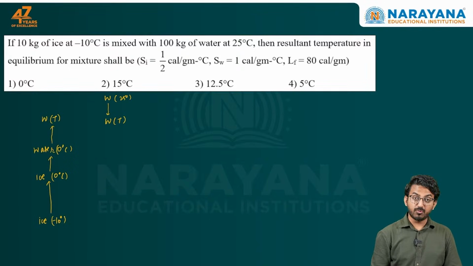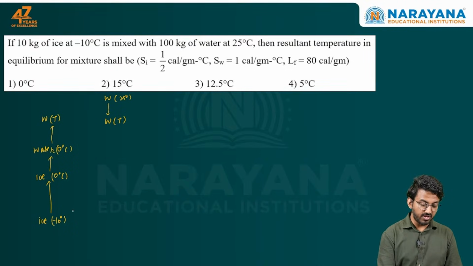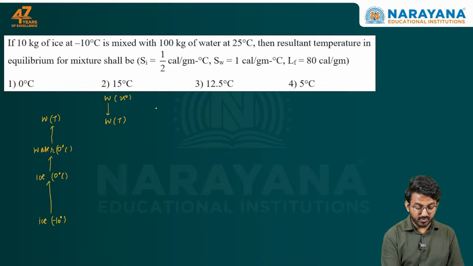The principle of calorimetry says that the energy lost by one part of the system is equal to the energy gained by the other part. Here, the 100 kg water is losing energy, and 10 kg of ice is gaining energy to eventually get to a temperature T. So, from the principle of calorimetry, I can do heat lost by water, which is 100 kg. So I need to convert it to gram. Be careful here.